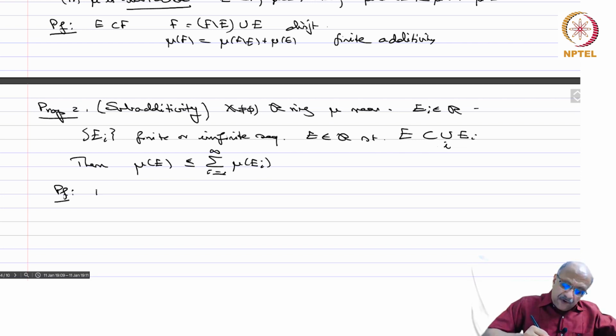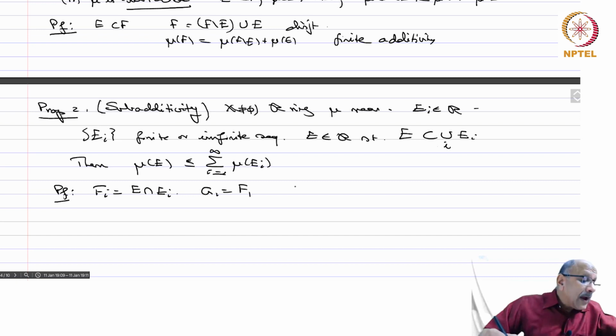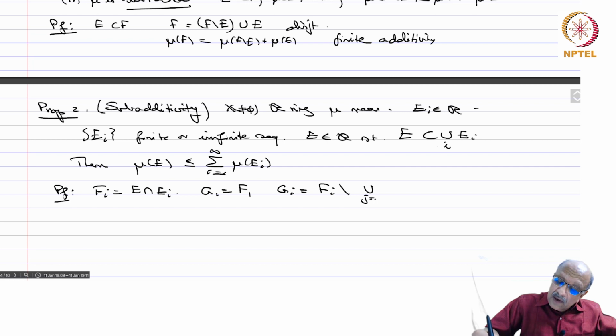So you set F_i equals E intersection E_i, and you define G_1 equals F_1, and then G_i equals F_i minus the union over j equals 1 to i minus 1 of F_j. So I am breaking it up.